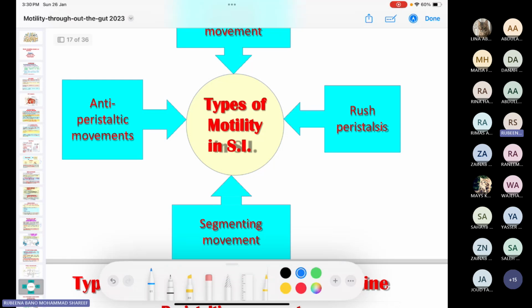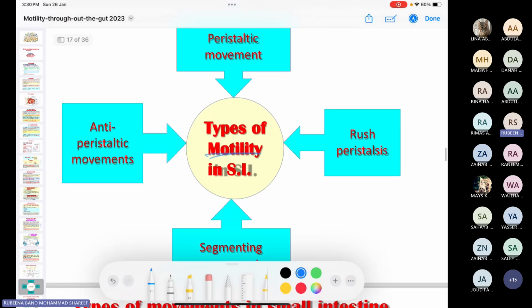Now, moving on to the main topic, that is motility. There are four types of motility in the small intestine. Motility is different in different parts of the GI tract because different parts have different functions. The small intestine has a different motility and the large intestine has a different motility.